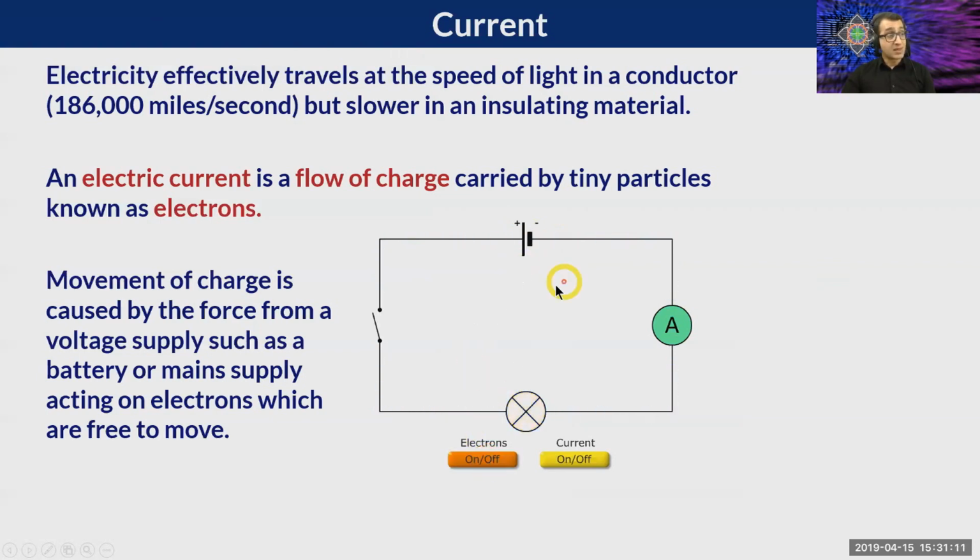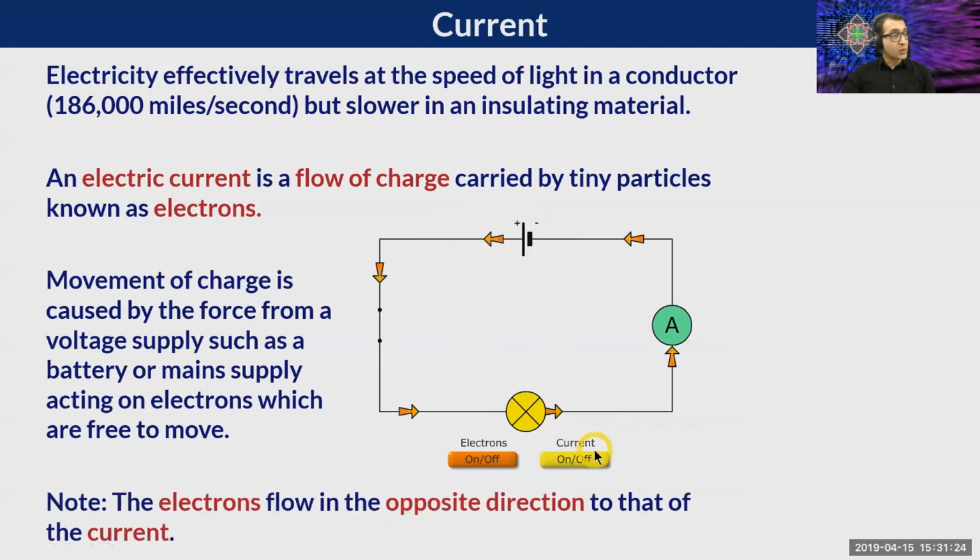However, at the time, they didn't know about electrons. And so by convention, they said that the current, the flow of electrical energy, was from the positive pole to the negative pole. So we say that the conventional current is from the positive pole of the power supply to the negative pole.